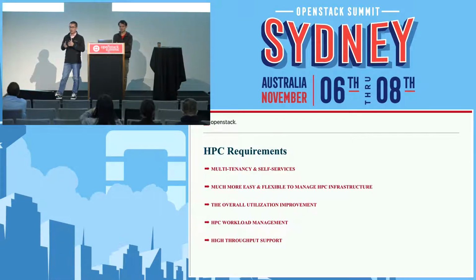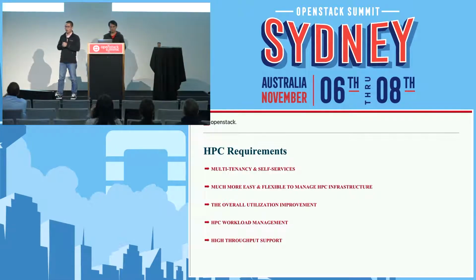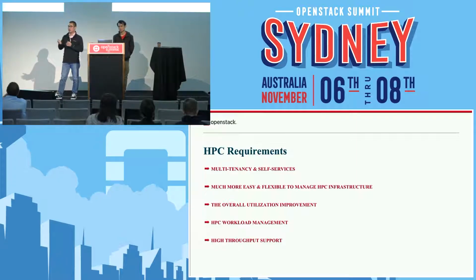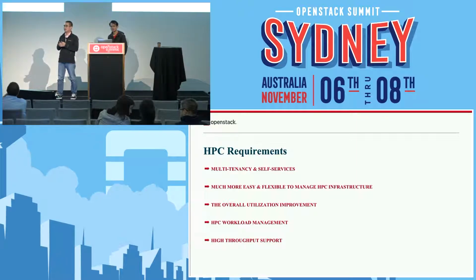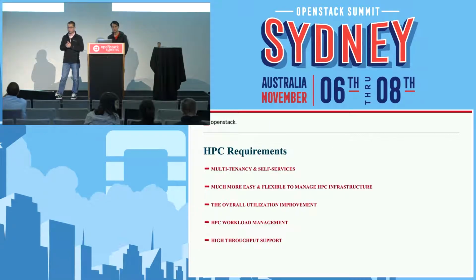And then how can we improve the overall utilization? Because some small institutes just run small HPC work in that cluster. How can we share the same cluster for different small institutes?